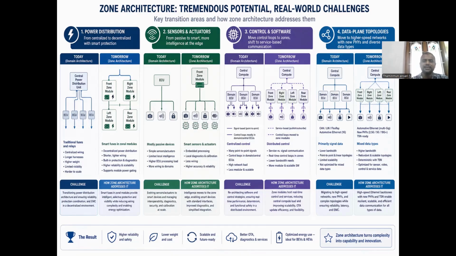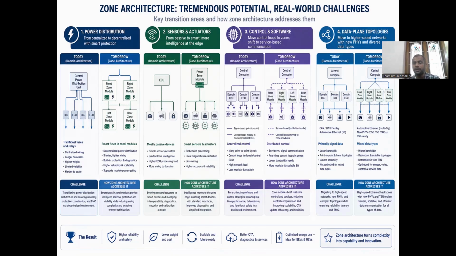After digitizing, it can encode it in the manner required by the front zone module. In the previous case, the cameras are directly connected with the ECU, so the ECU has to do those things. But here, the sensor itself provides ready-made binary data about the image in the required format to the zone controller. It is very easy to work with. That's why these are called smart sensors and actuators.